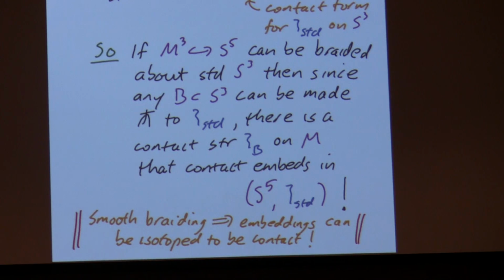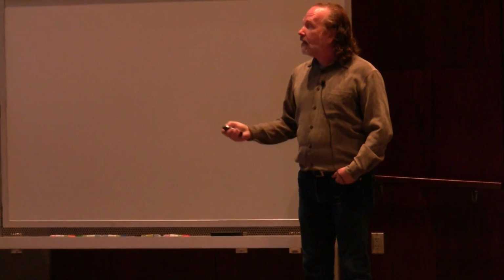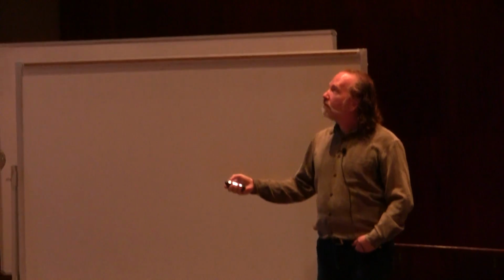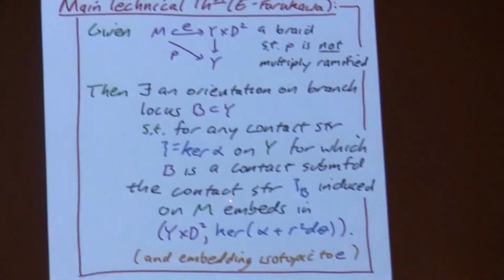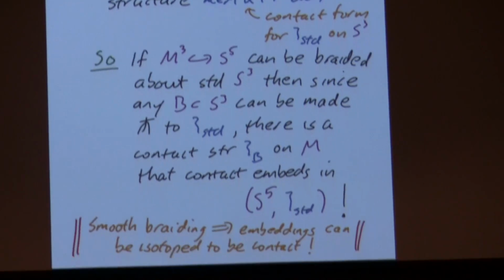Great. So again, this is one of the reasons why I actually started asking these questions in the first place. I was very interested in, given an embedding of a three manifold, say into S5, can you isotope it so that it's transverse to the contact structures and induces a contact structure on the submanifold? In other words, you have a contact embedding. And the only way I could actually figure out to try to prove this is by observing the main technical theorem and then saying, well, if you can prove braiding, then you prove the result.